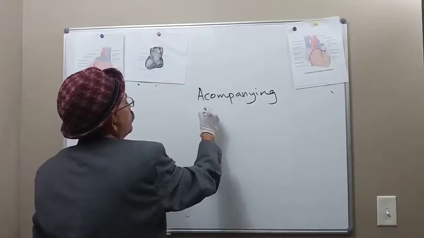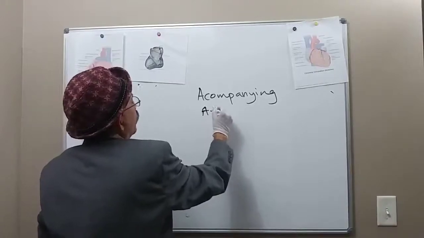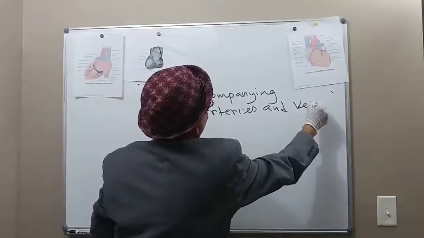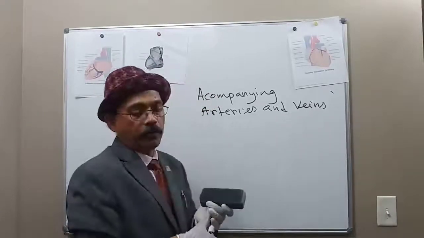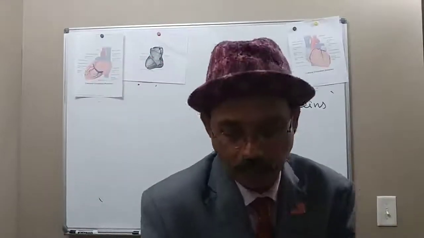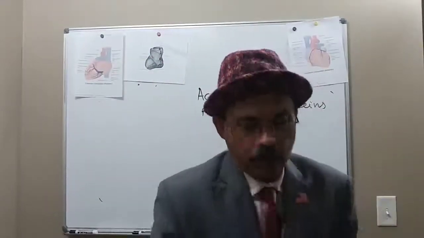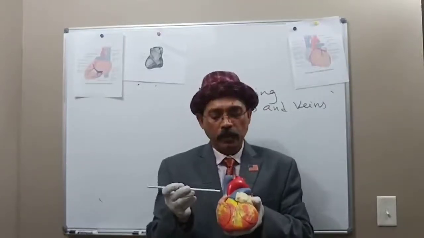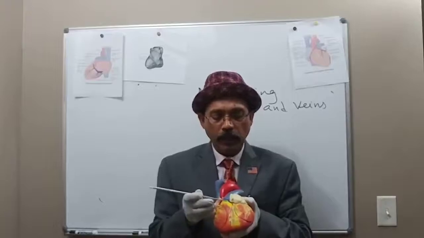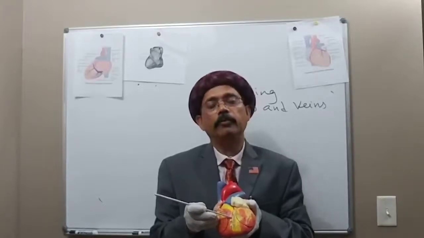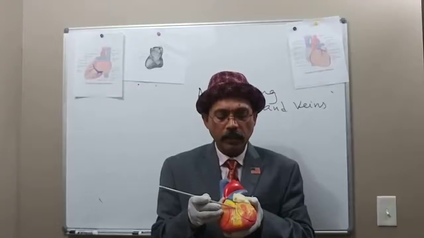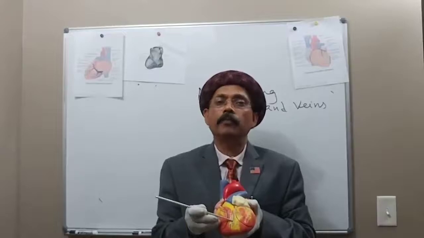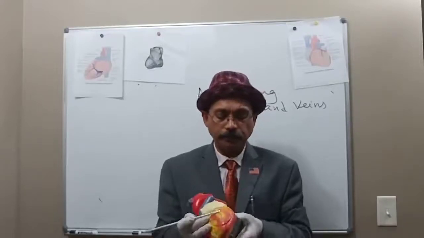If we look at the model again, we'll find this is the anterior interventricular groove. This is the LAD, a branch of the left coronary artery. Here is the great cardiac vein, which is a tributary of the coronary sinus.